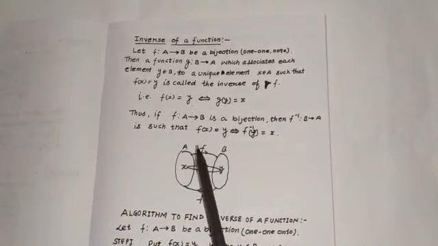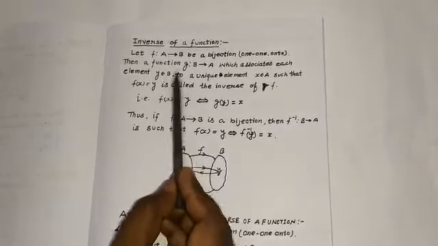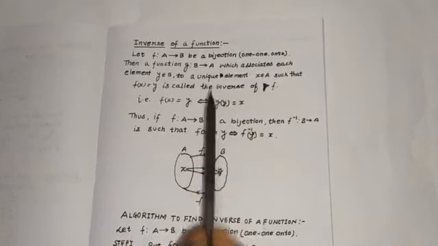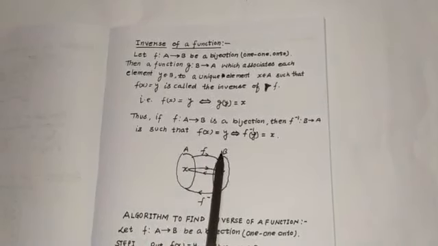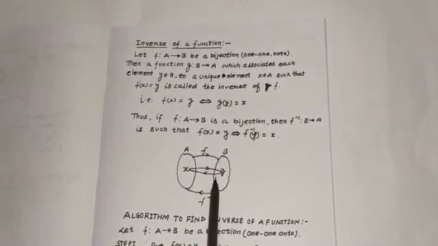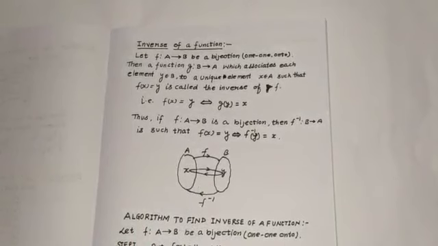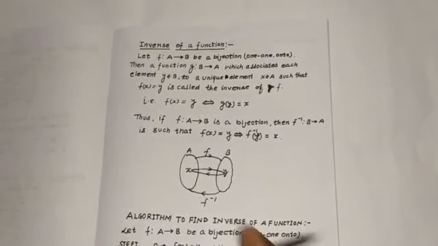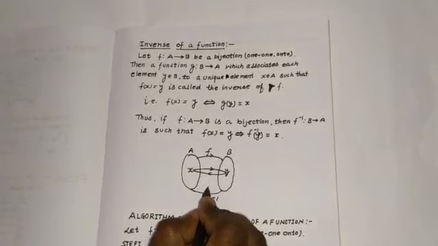And we have another function g which maps from B to A; f maps from A to B, and g is another function which maps from B to A. You can consider this as the function.